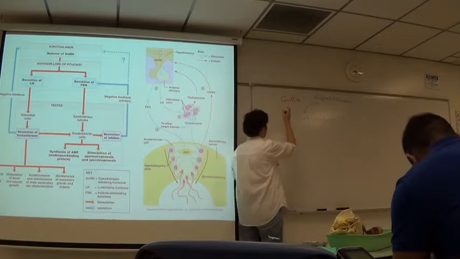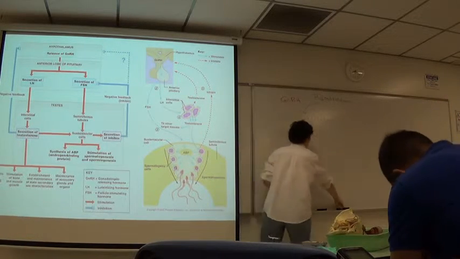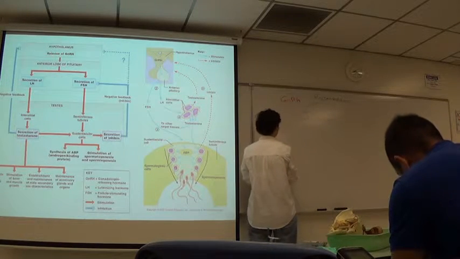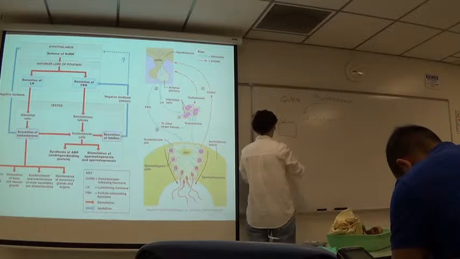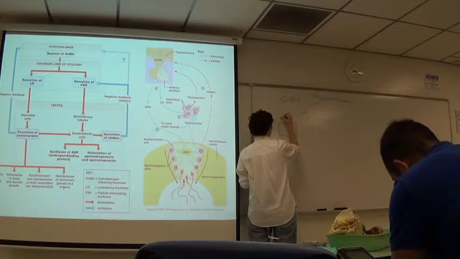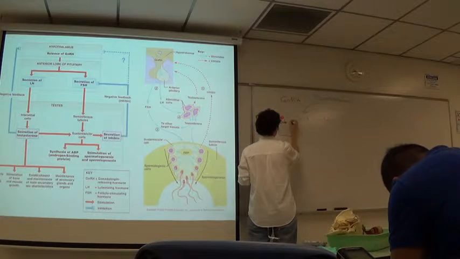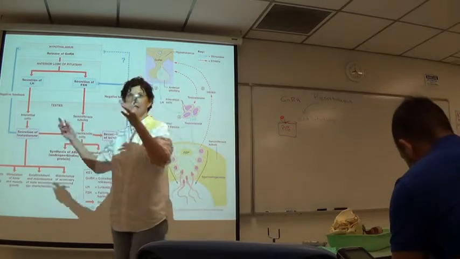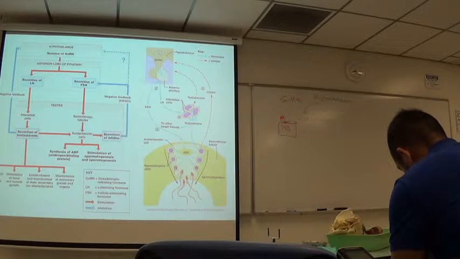This is going to bind. I'll just draw one line. This is going to bind to anterior pituitary cells. So you have the PIP2, so inositol triphosphate and diacylglycerol and protein kinases and calcium ions and all of that type of event.